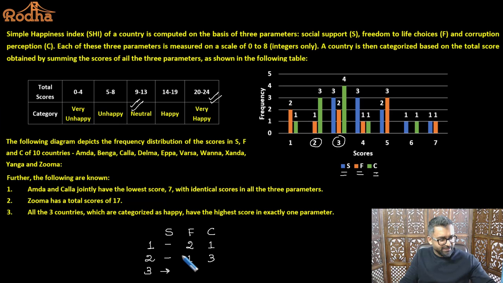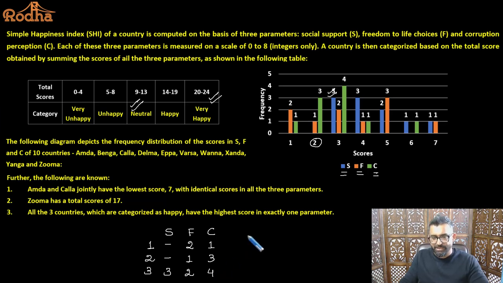So frequency of 3 in S is going to be 3. Perfect. Frequency of 3 in F is going to be 2. And frequency of 3 in C is going to be 4.